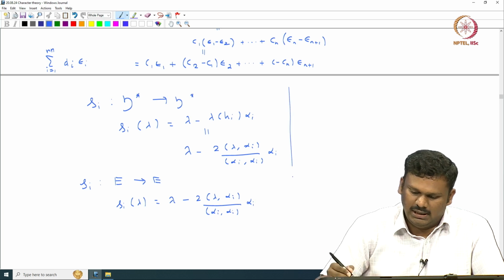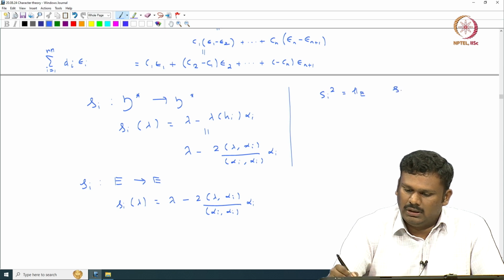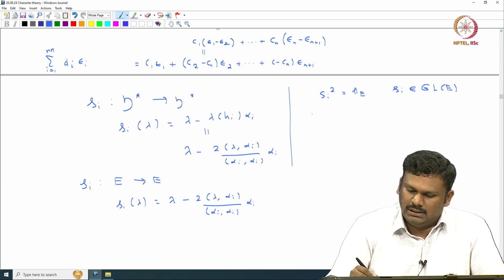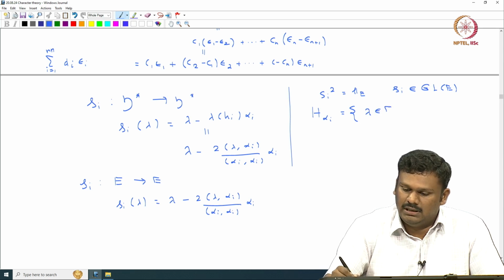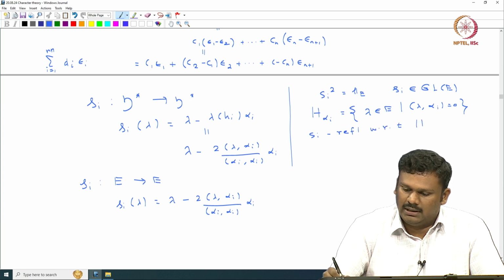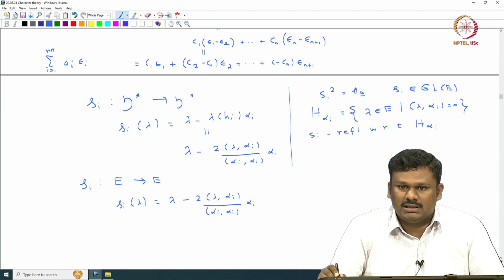It is not hard to see that s_i squared is the identity on E, so in particular the s_i are all invertible operators on E. Not only that, if I take H_{alpha_i} to be the hyperplane perpendicular to alpha_i, consisting of those lambda in E such that (lambda, alpha_i) is 0, then it is clear that s_i is the reflection with respect to this hyperplane, because the elements of H_{alpha_i} are fixed and alpha_i is sent to minus alpha_i.